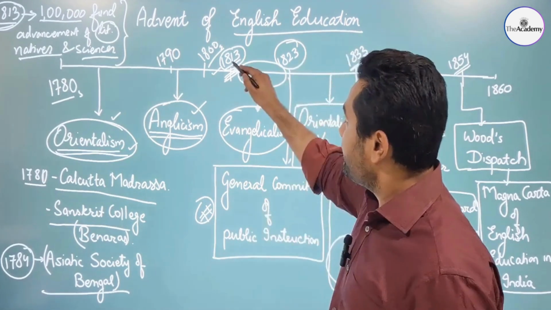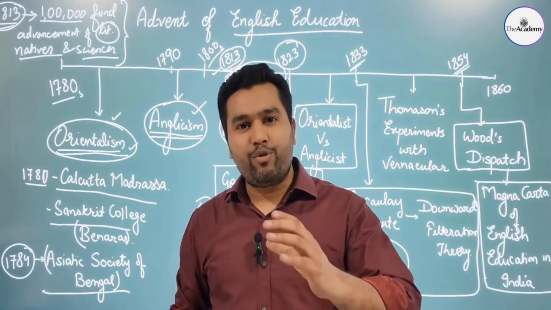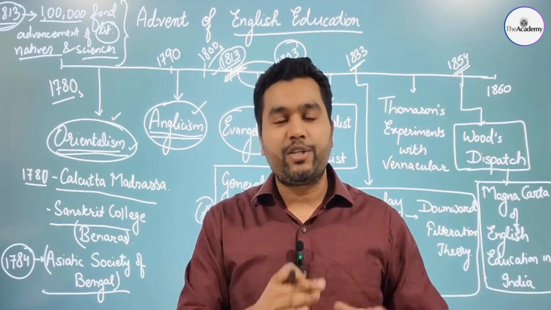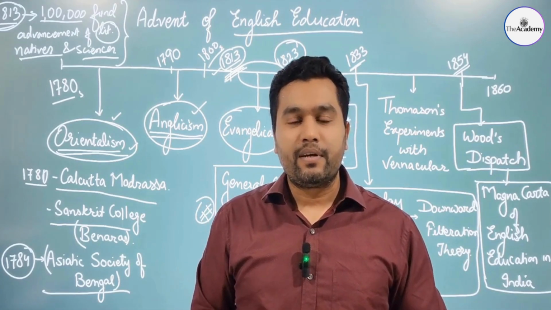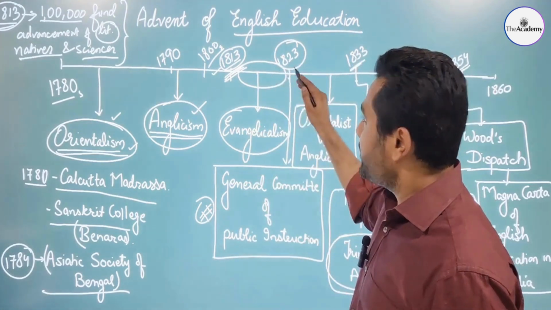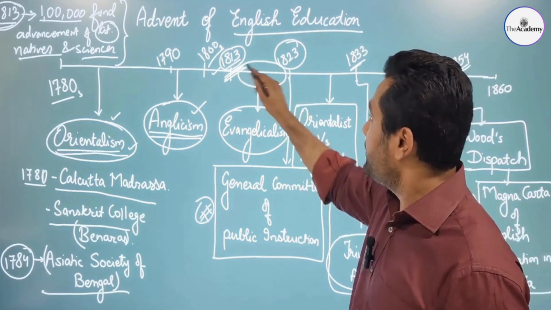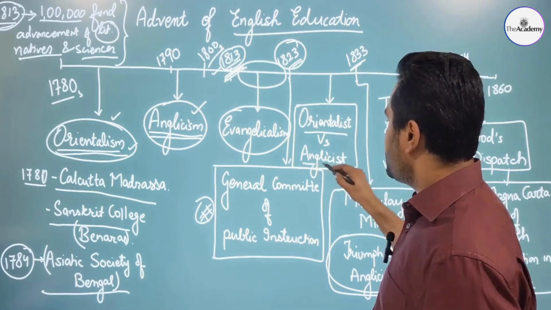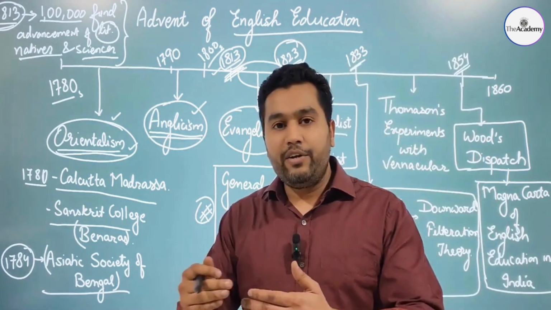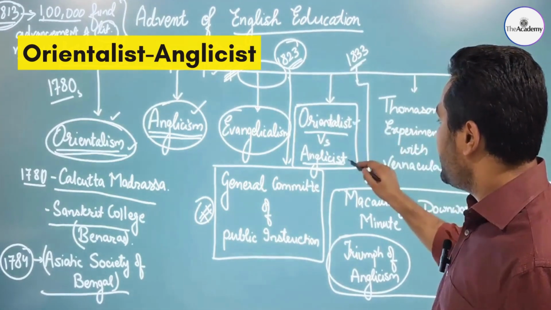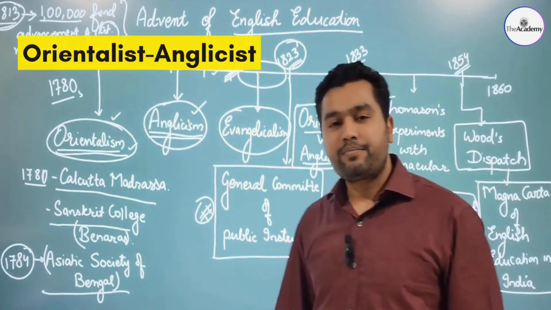We already know that after 1813 there will be Raja Ram Mohan Roy also, a modernist. He would be pitching for Western education. So the entire education scenario in India from 1823 onwards got divided into two sets of ideologies contesting one another, the Orientalists and the Anglicists.